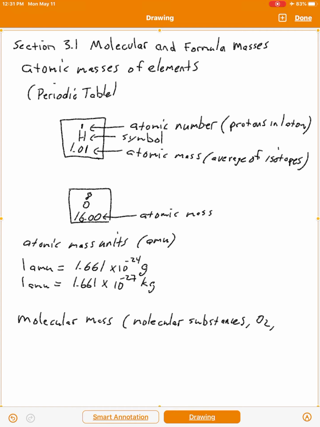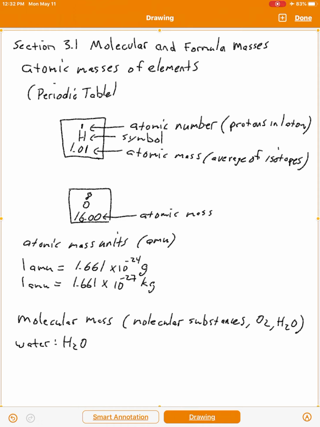Or the example we're going to look at here is water. Water's a compound, 2 different elements, hydrogen and oxygen. We're going to calculate the molecular mass. How do you calculate the molecular mass of a molecular substance? Very simple. You just add up the atomic masses of each atom in the molecule. So let's use water as an example.